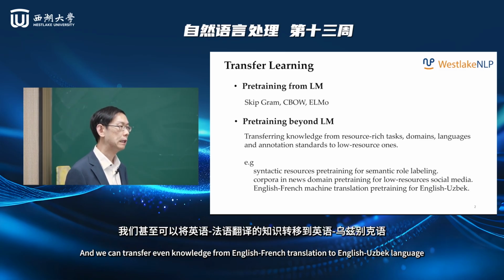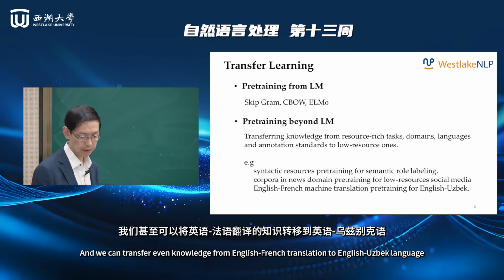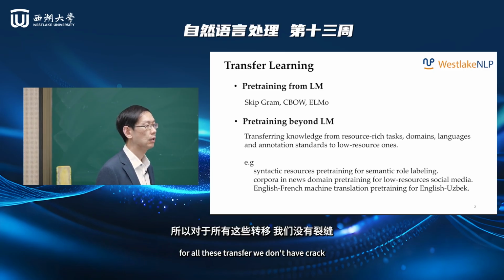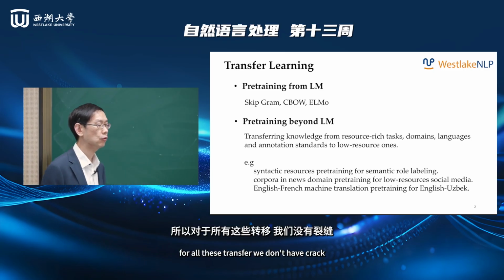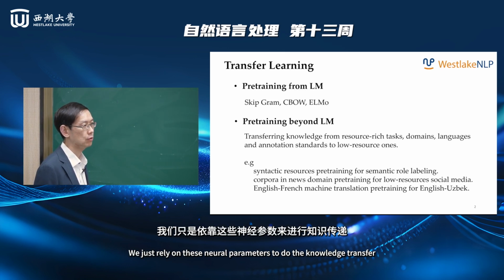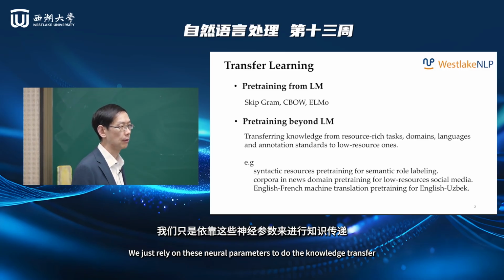And we can transfer even knowledge from English-French translation to English-Uzbek. For all this transfer, we don't have to do the engineering on the feature definition level. We just rely on these neural parameters to do the knowledge transfer.